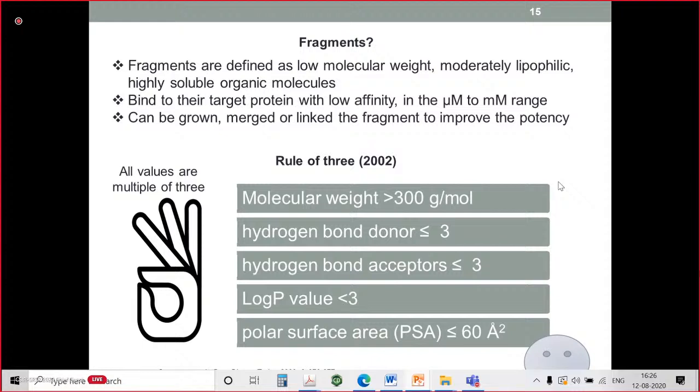So, for example, if we have 2 or 3 fragments, while connecting them their molecular weight will automatically increase. Their hydrogen bond acceptors and donors will increase. Log P will increase. Therefore, these are limited to some value, and thereafter, once you connect them, the result will obey Lipinski's rule of 5.